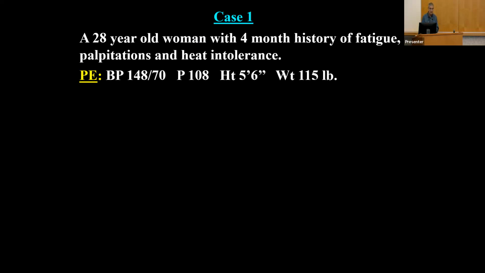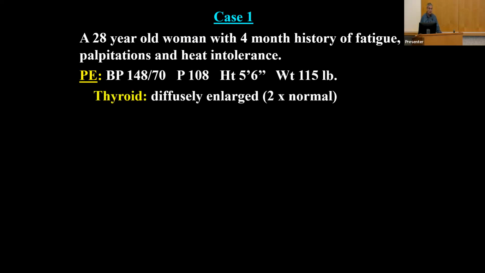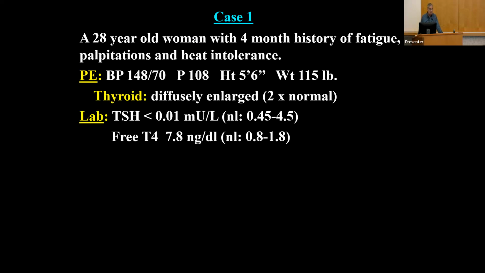Hypothyroidism raises your diastolic blood pressure. And her body weight is a bit low for 5'6". Her thyroid is diffusely enlarged, 2 times normal. Her serum TSH was screened and it was undetectable. Reflexively, they measured a free T4 and a total T3. Those were significantly elevated. So she's got overt thyrotoxicosis.